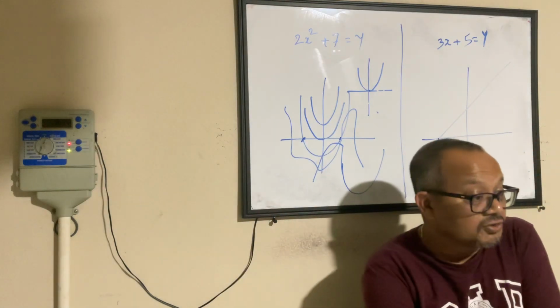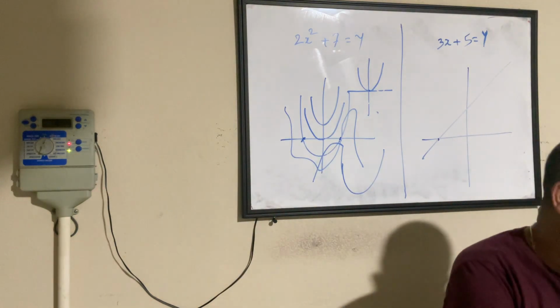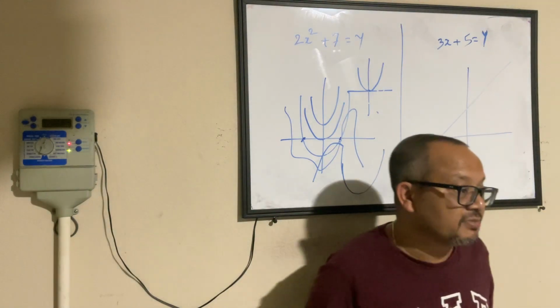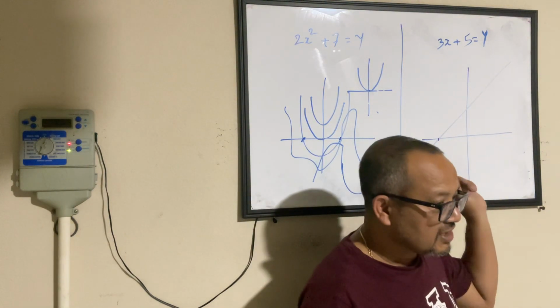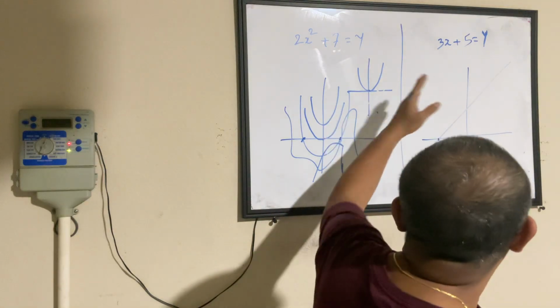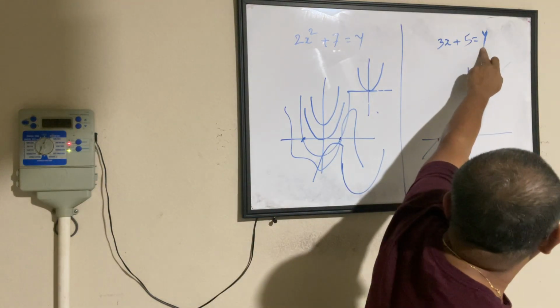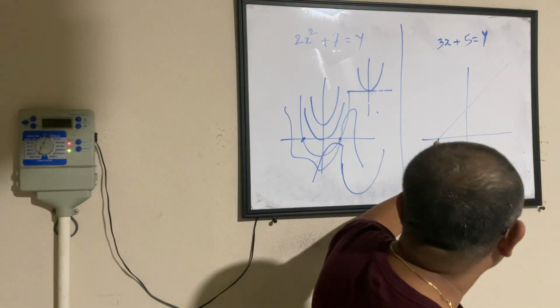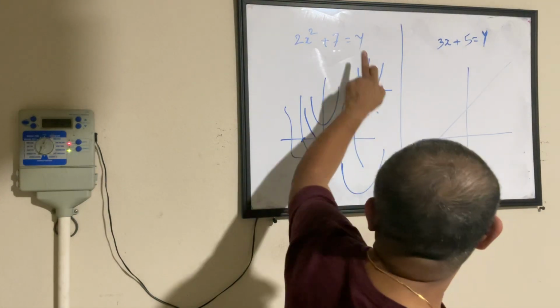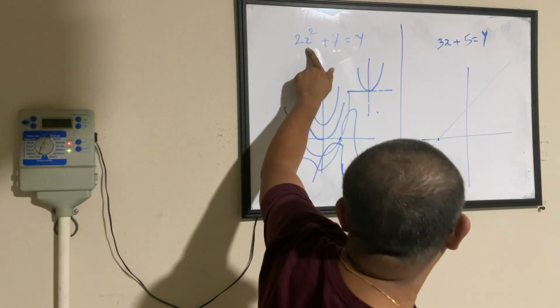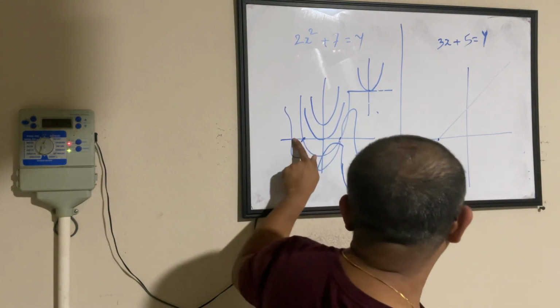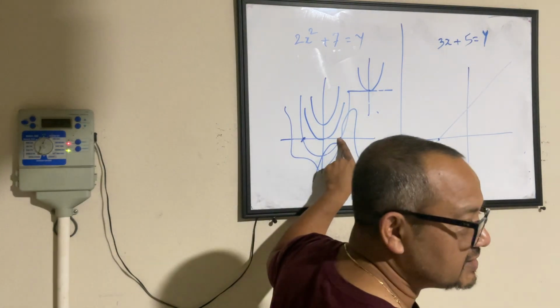So zero value of any equation or polynomial means the places where it will intersect the x-axis, or you will solve it for y equals 0. When you put y equals 0, you get the value of x where it meets the x-axis. In this case, you will put y equals 0, and you will get two possible answers for x. That is what determines that these are two points where it will meet the x-axis.